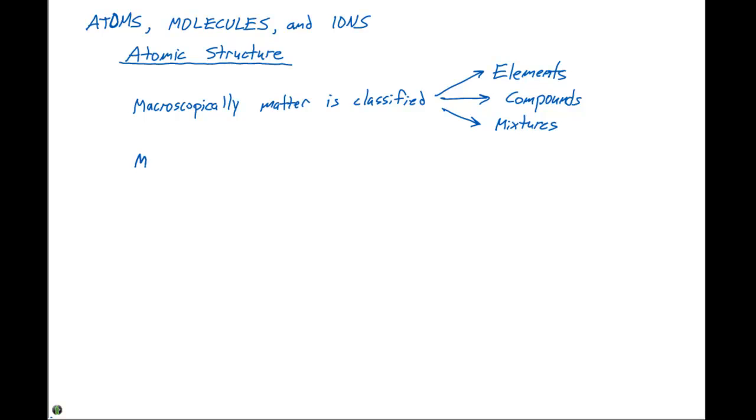So microscopically, we can say that matter is discrete. And by saying that, we can say that it is made up of atoms.